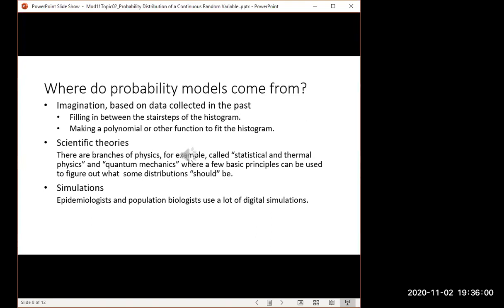And in physics, at least, those turn out to be very reliable. And the third source of these models is simulations, where you throw in a whole lot of assumptions and use computers to just try out and simulate the experiment many times and see what the percentages come out to be.